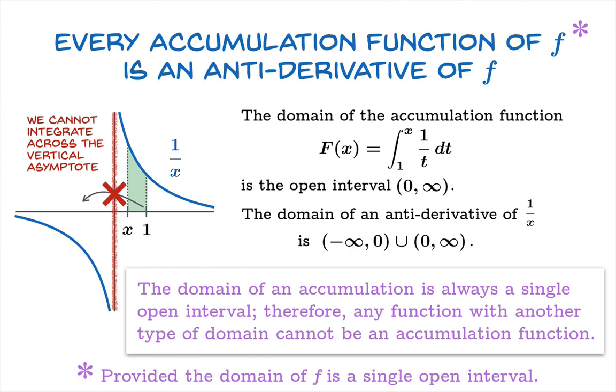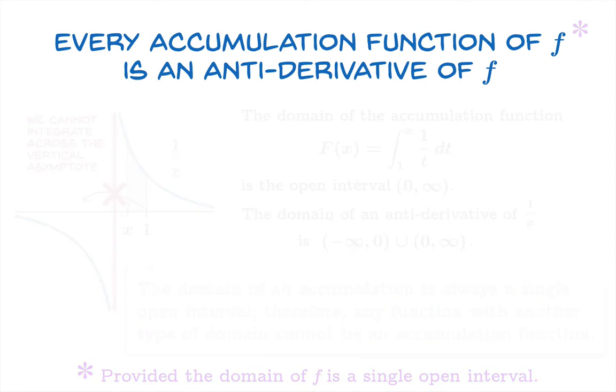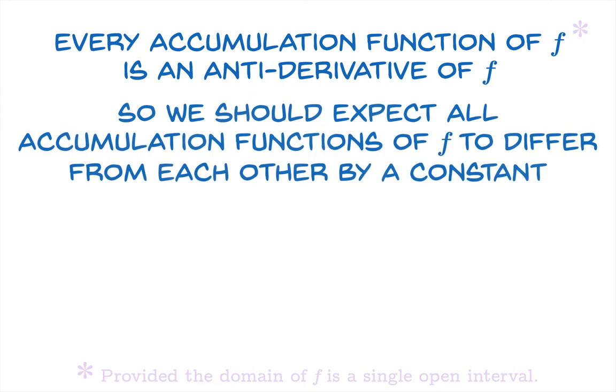So accumulation functions are very special, and one of the ways they're special is that they can only have one type of domain, namely an open interval. So there are a whole bunch of functions that don't have such domains, so they couldn't possibly arise as an accumulation function. So for the rest of this discussion, we'll assume that the underlying function does in fact have a single open interval for its domain, in which case it's true that every accumulation function is an antiderivative.